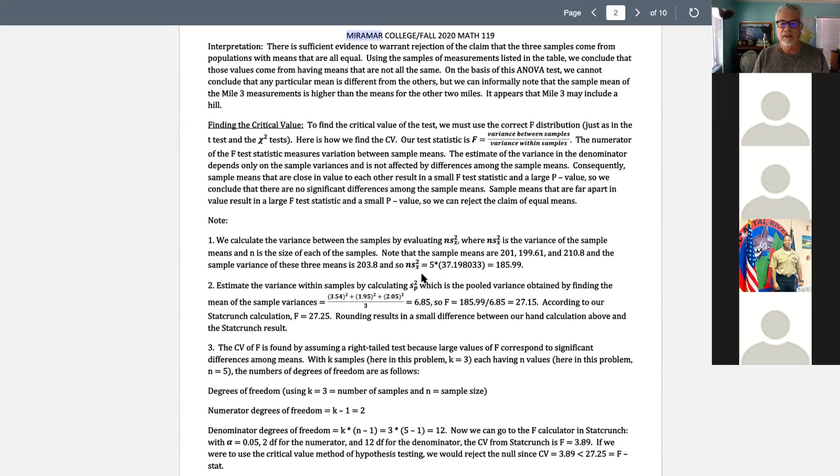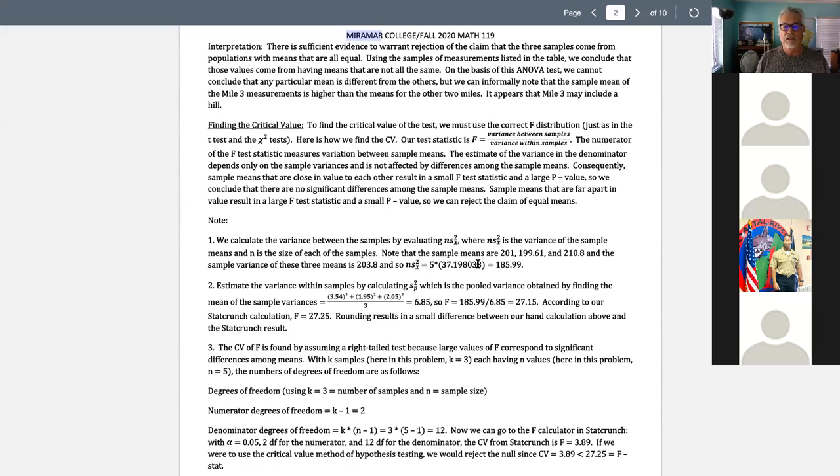It turns out that when you calculate the variance, again, you can do that in StatCrunch. All right, sample variance is 203.8, and we get here that n s squared x bar, and we get this result here.